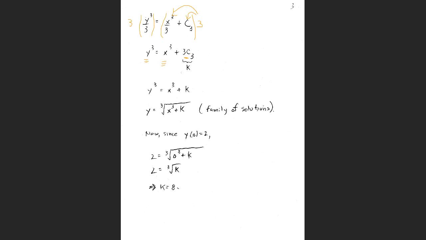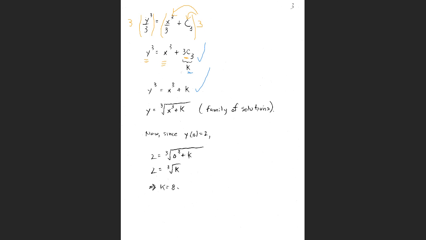At this stage, I'm going to call 3 times c3 my constant k. Now I know that I'm going to solve for y, and I'm not going to need any more manipulations on my constant of integration, so I'll just call it big constant k. To that end, y cubed equals x cubed plus my constant of integration k.